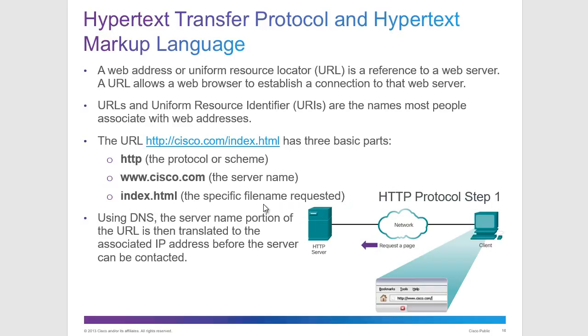So you type that all in and you get a web page back because you're sent this index.html file, or whatever file is sent back in HTML code, and the application on your computer, the browser, is able to decode that and present it to you as the web page.